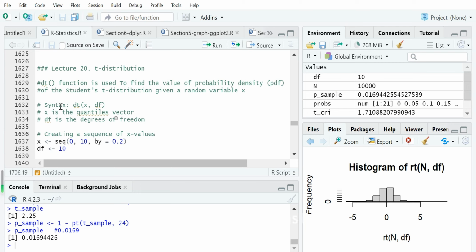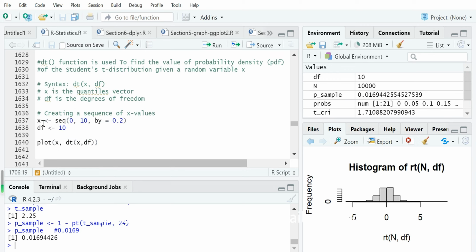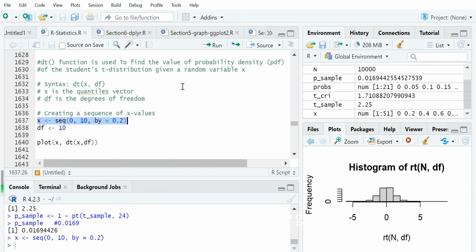The first function is dt. It is used to calculate the probability density for a random variable coming from a t-distribution. Say we create a random variable vector from 0 to 10 with a gap of 0.2, and we set the degrees of freedom to 10.